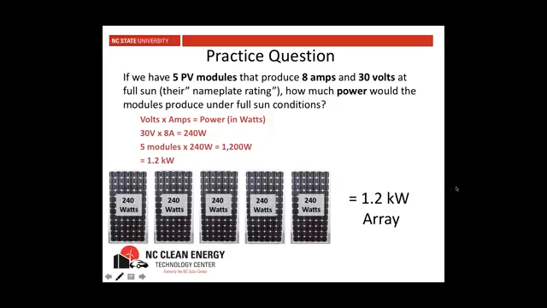Don't forget that's energy, and we're just talking about power right now, and power does not have a time component to it. So when you buy a PV module or a PV array, you're buying it based on a power potential. We don't know anything about the energy yet. This is just the power rating, the nameplate rating of the array.